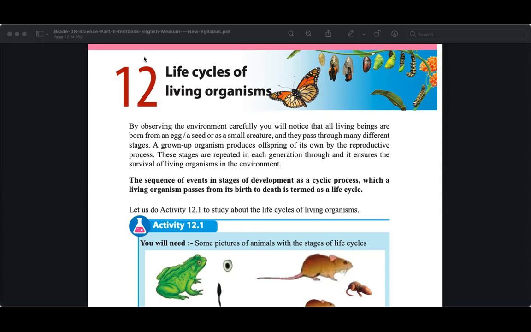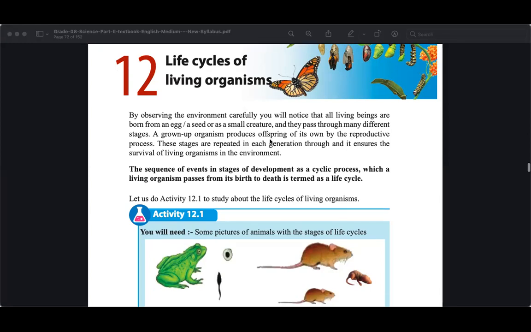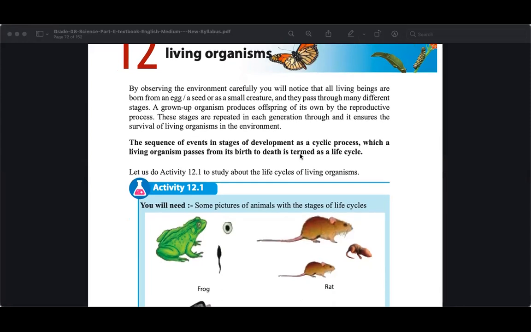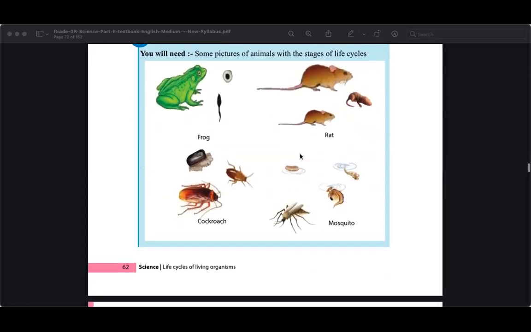There is a set of steps, a sequence of events or stages, that an animal or plant or any living being goes through. Basically, a living organism's passage from its birth to death is called its life cycle.